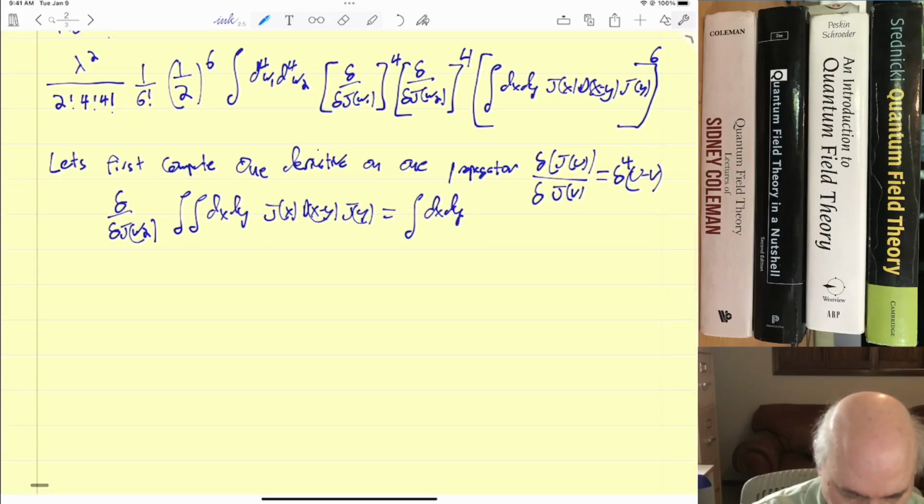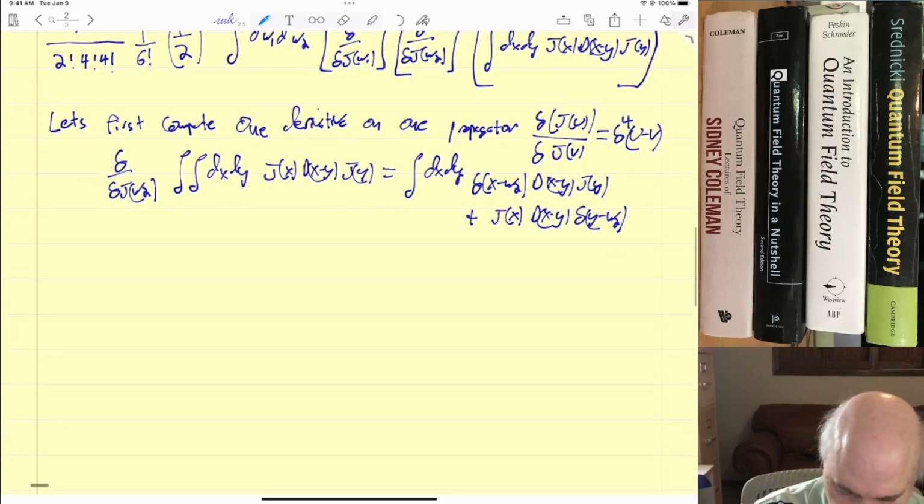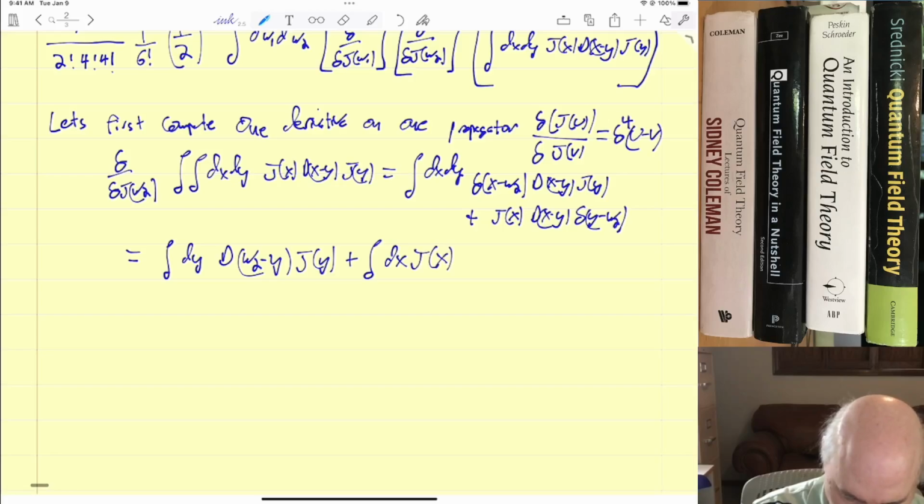So here we get the integral of dx dy, delta x minus w2, dx minus y j y, plus j x dx minus y, delta y minus w2. And then working out the delta functions, it's just the integral dy, d w2 minus y j y, plus the integral of dx, j x dx minus w2.